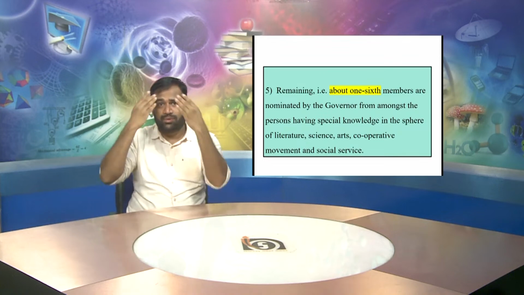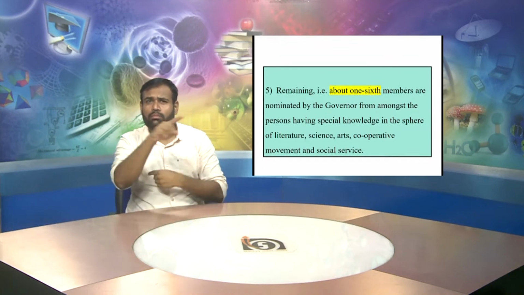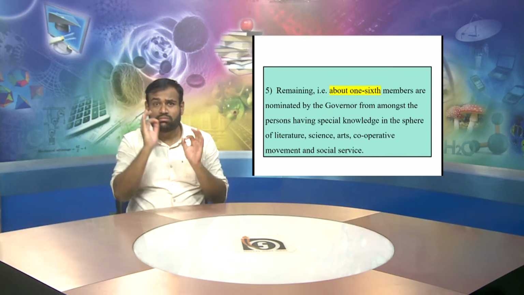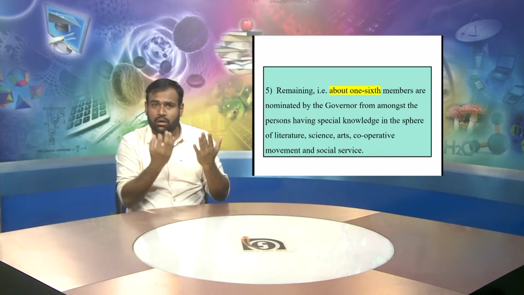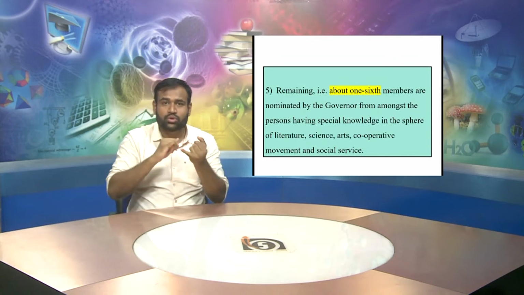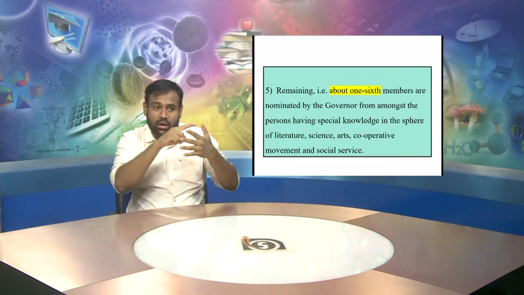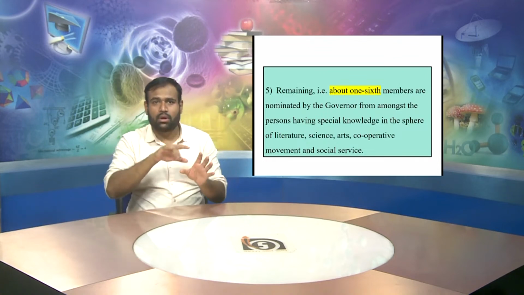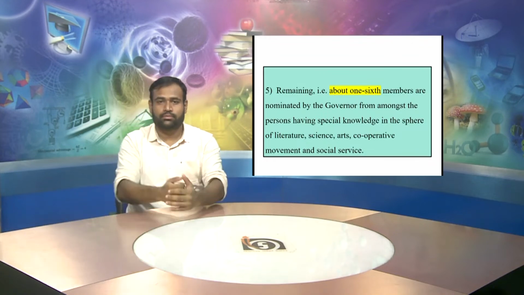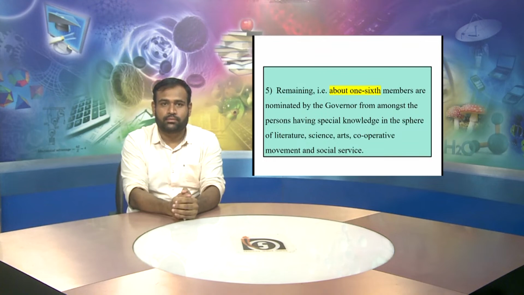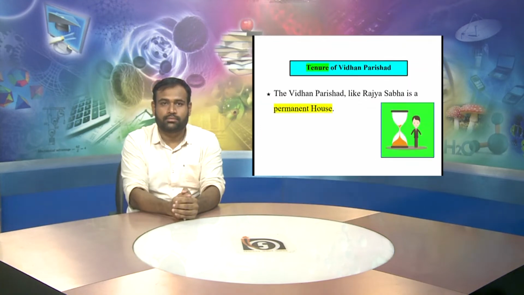And the remaining, that means about 1/6 of the members, are nominated by the governor from amongst persons having special knowledge in the sphere of literature, science, art, cooperative movement, and social service.